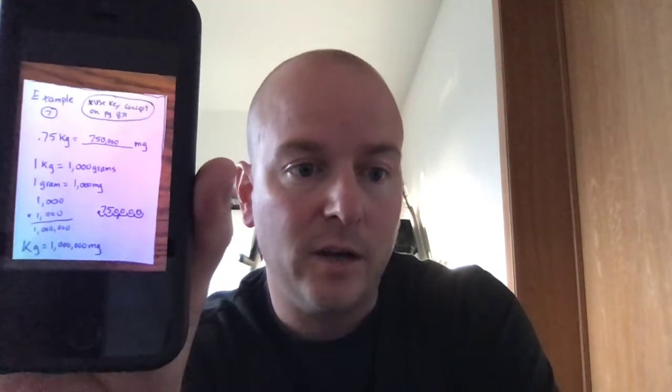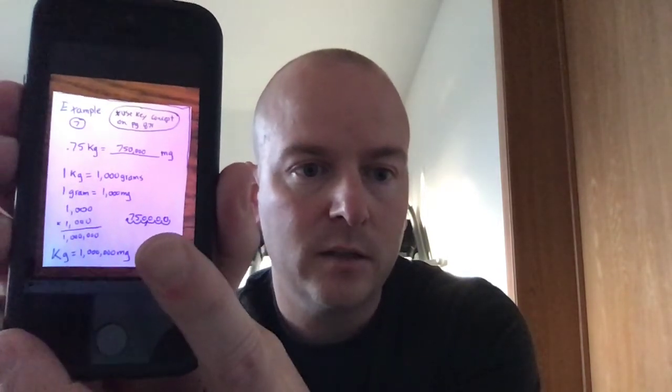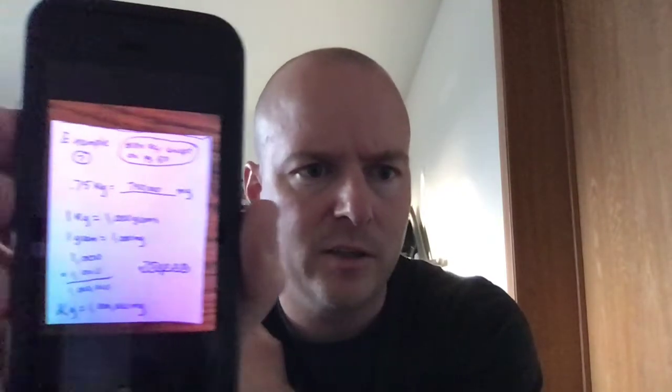So 1 kilogram equals 1,000,000 milligrams. It's a big number. The nice thing is we are in powers of 10. I tried to show you right there: the decimal starts at the front of the 7, just like it is up there, 0.75 kilograms.